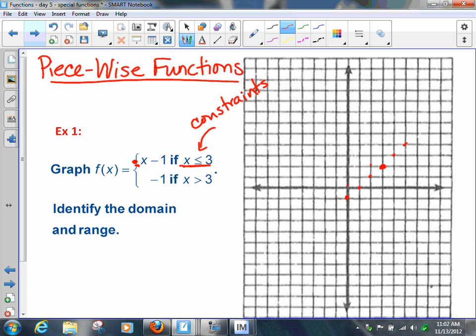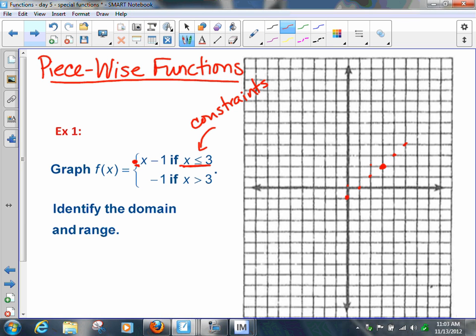Can I keep these two values above the point that I just made real dark? Think about what I said. All right, you're right in shaking your head. This says graph f of x equals x minus 1 if x is less than or equal to 3. Folks, can I graph this point up here or this point up here?